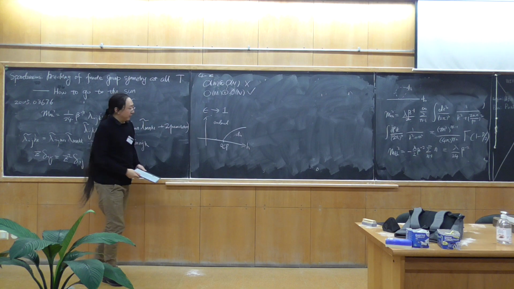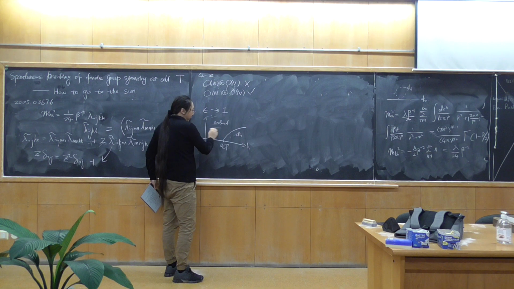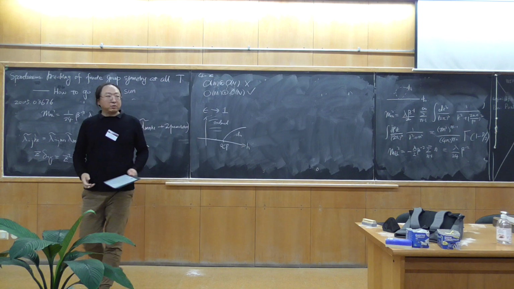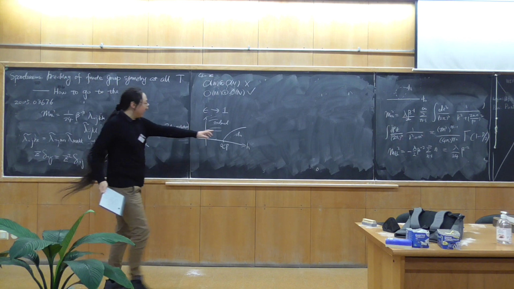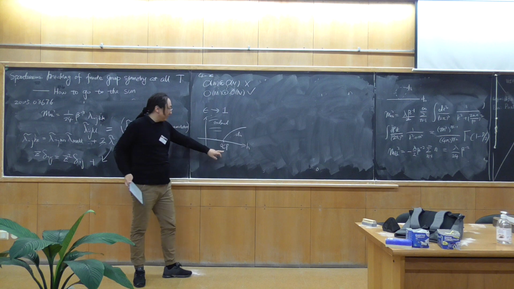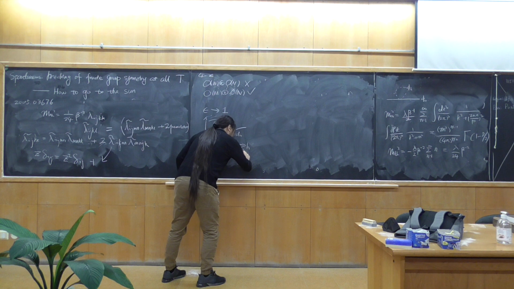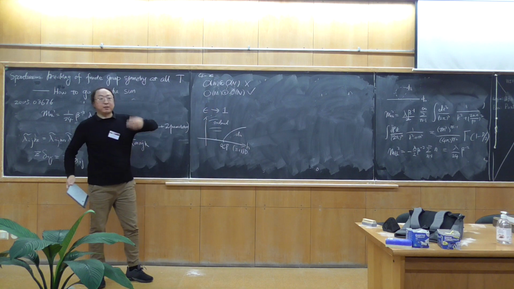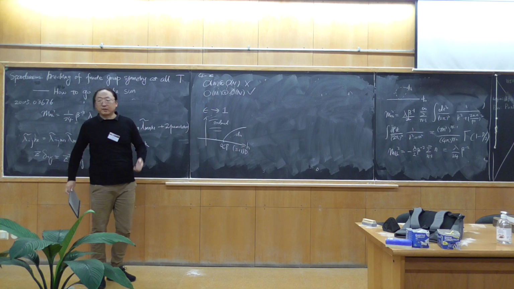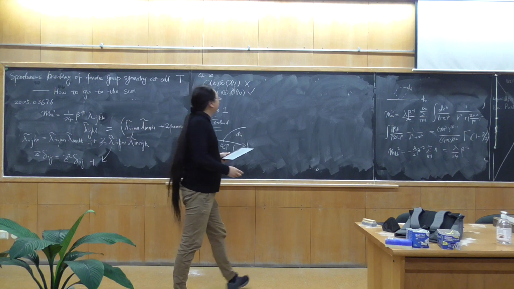But as I just told you, if I turn on temperature in this region, my system would be a two-dimensional system, because I take epsilon to be 1, therefore my CFT is a 2 plus 1 dimensional CFT. If I turn on temperature, it becomes a 2-dimensional system. And there's a famous theorem.